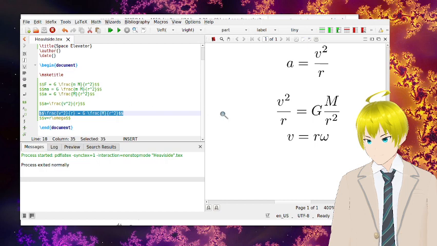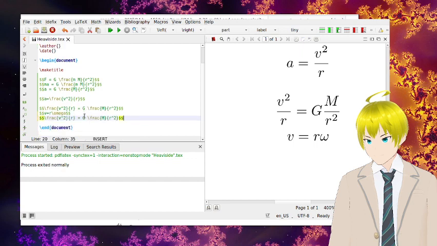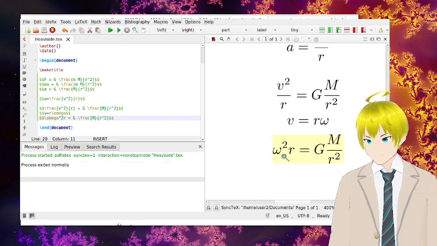And of course, it's going to be squared. So we're going to get omega squared times r on the left. There it is.